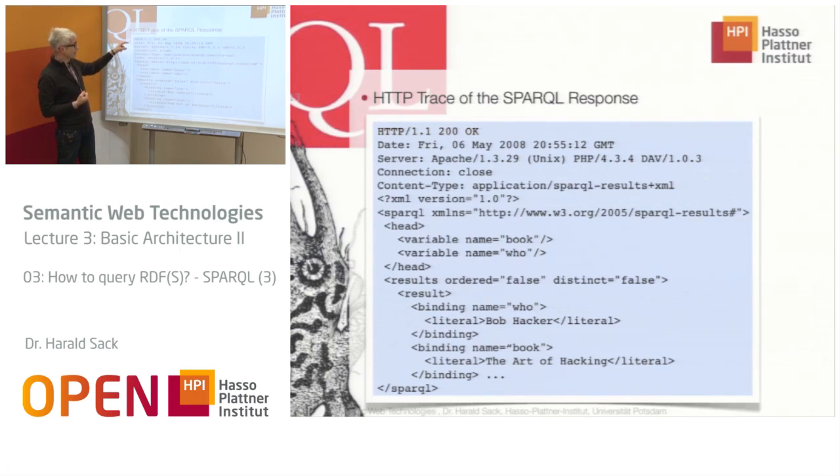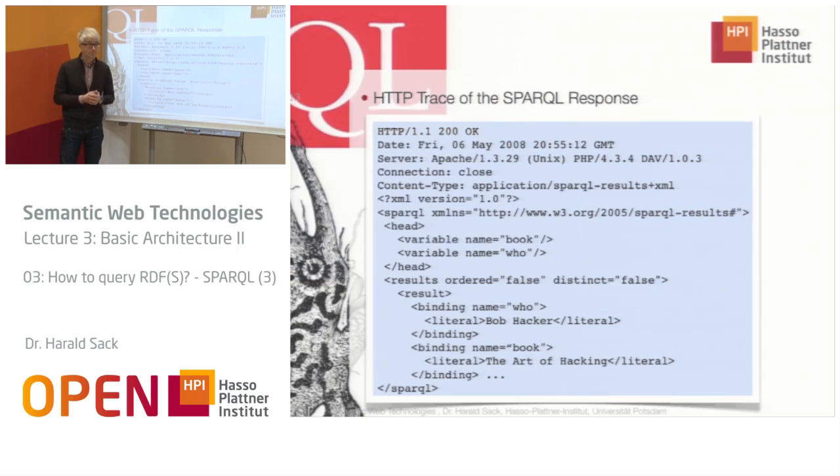Then you will get a date, then the name of the server where the SPARQL endpoint is located, and the content type, which will be application/sparql-results+xml. So you are able to know how to decode the SPARQL result that is transferred next. Then comes the XML document you have queried for. So this is the SPARQL result encoded as XML. Again, in the header we have the variables we have asked for, and then the variable bindings, and we can interpret the result accordingly.